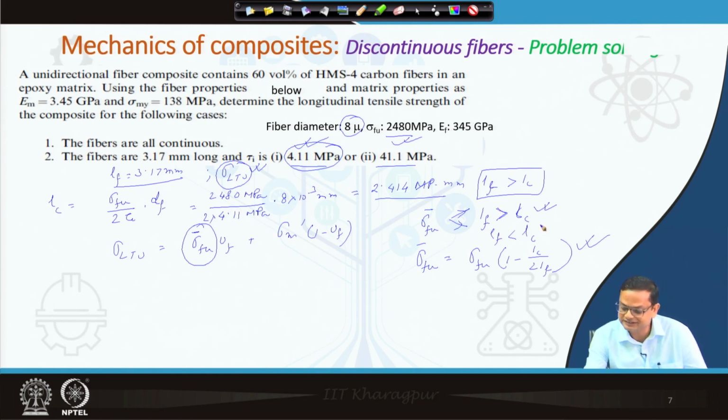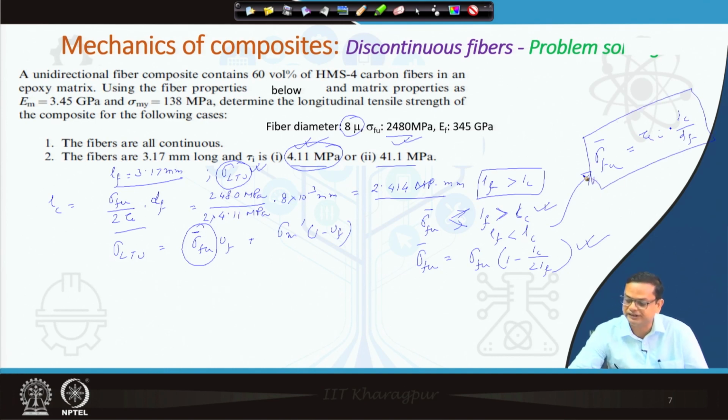If L_F is less than L_C, what happens? If you remember, you can find it from this same equation: sigma_FU average would be equal to, since these 2 terms go out, tau_I multiplied by L_C over d_F. That is the value of sigma_FU average when L_F is less than L_C, but when L_F is more than L_C, you use this equation.